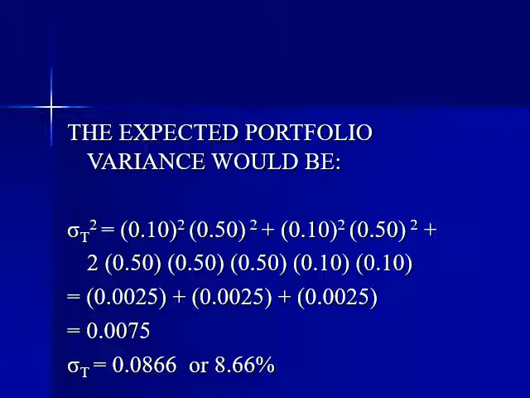You'll notice here that the portfolio standard deviation is less than the standard deviation of each of the farms within the portfolio. The standard deviation for each of the farms for their returns was 10%. The standard deviation for the portfolio is 8.66%. The return, as we calculated for the portfolio, was 20%, which was the same as each individual farm.